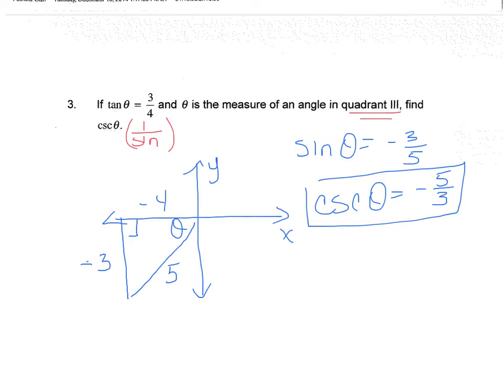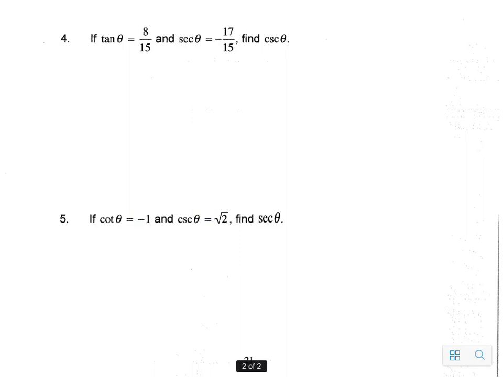Okay, 2 more examples. Here we go. If the tangent of theta is 8/15 and the secant of theta is -7/15, find the cosecant. Well, secant is 1 over cosine, and cosecant is 1 over sine. Let's see, tangent is positive in quadrants 1 and 3.